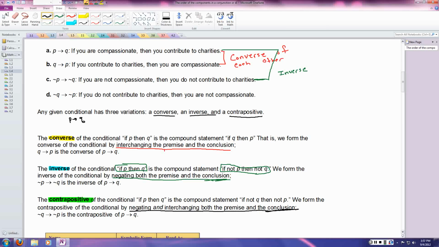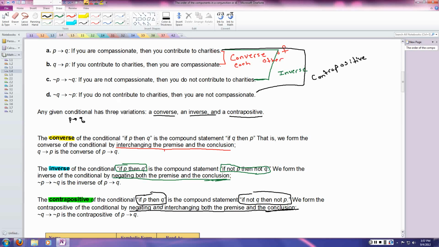So if I have P then Q, the contrapositive is not Q then not P. Up here, if you look at the first one and the last one, these are the contrapositives of each other. When you flip the order of the conclusion and the premise and negate them, that's a contrapositive.